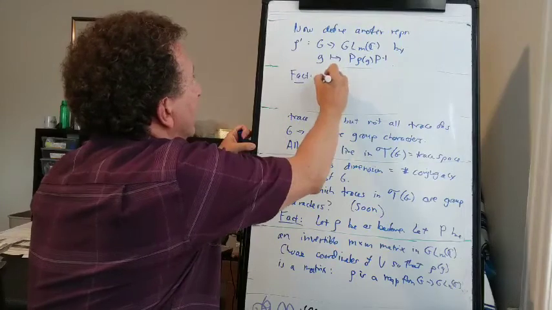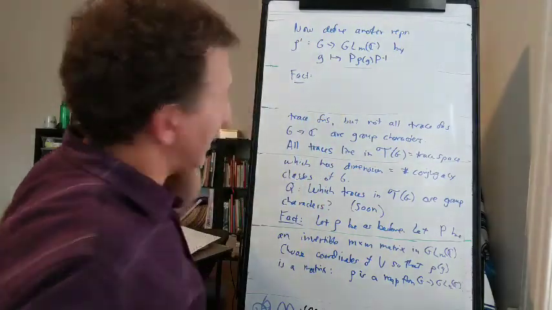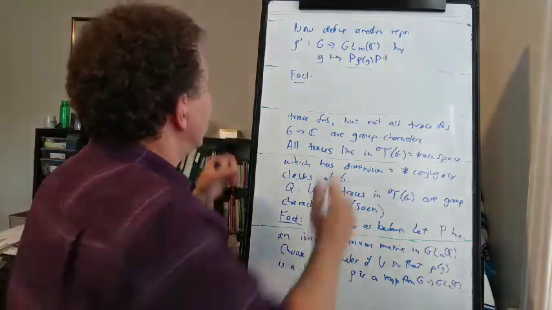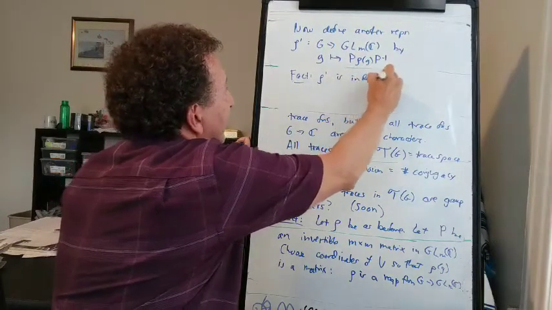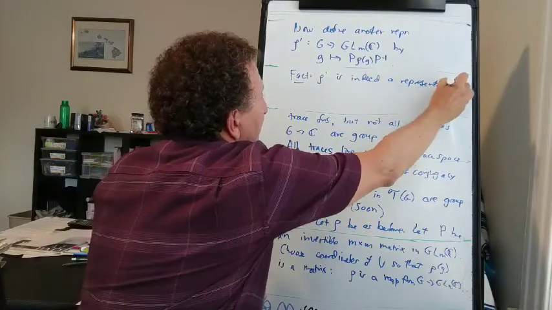It turns out that, well, rho is a representation. I guess I gave away that punchline by saying let's define another representation. Rho prime is indeed a representation.